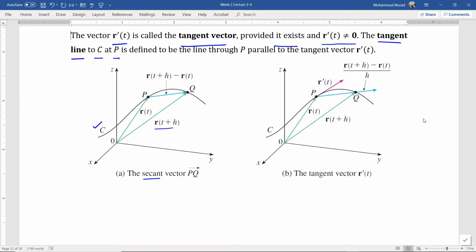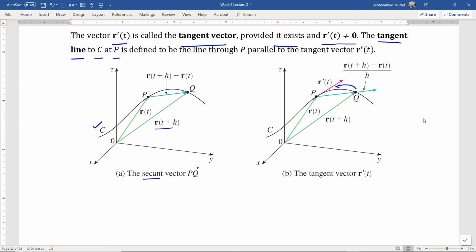Now, if we move the point Q to the point P, the vector PQ would become smaller and smaller, but the ratio of the difference with the quantity h would make the vector take the shape shown by the pink vector.